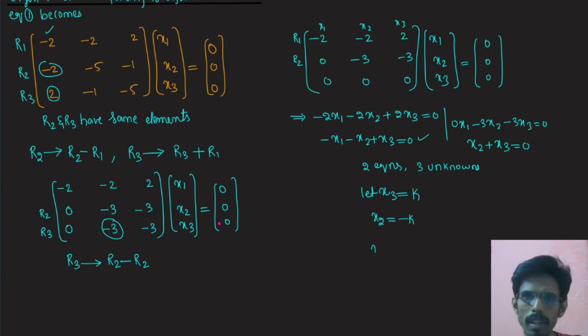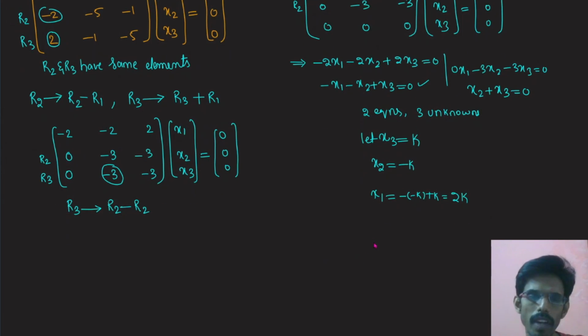Next, x1 from the first equation will be minus of x2 plus x3, which is k plus k, so this will become 2k.